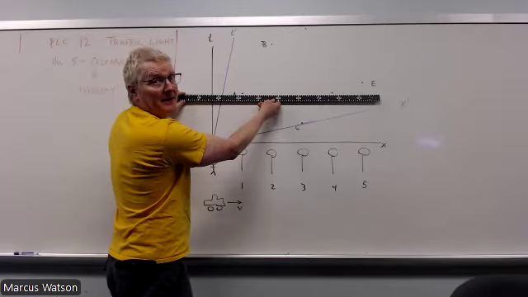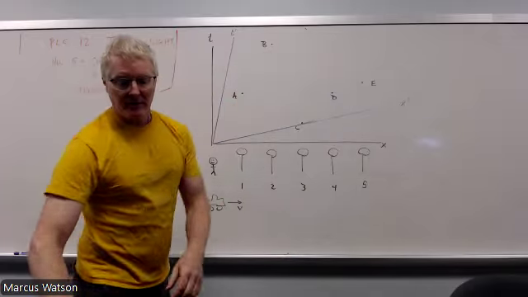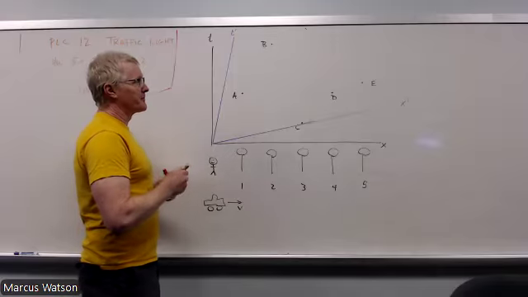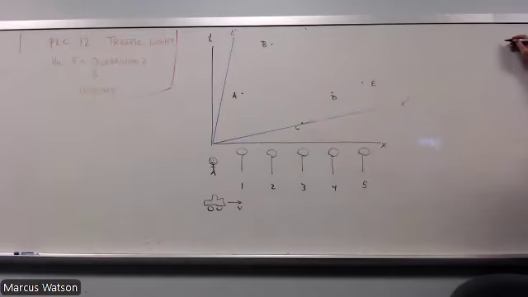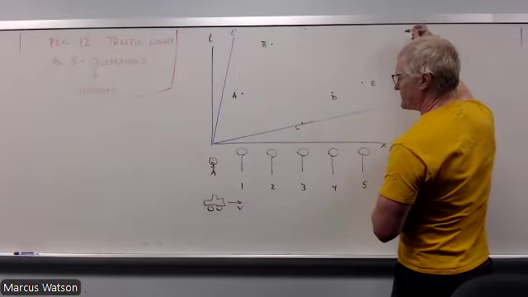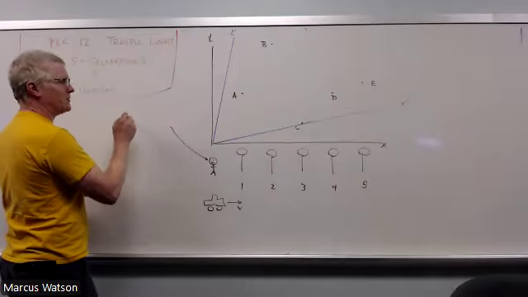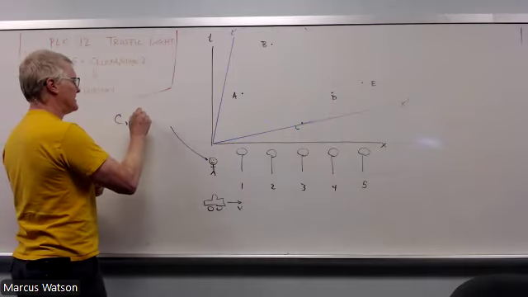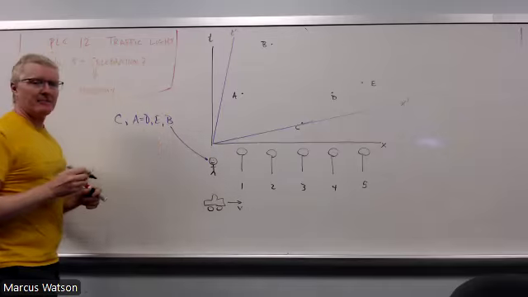I reach A and D, and then I reach E, and then I reach B. Therefore, the order, according to someone who is standing here, should be C, and then A and D, E, and then B. And B is last.